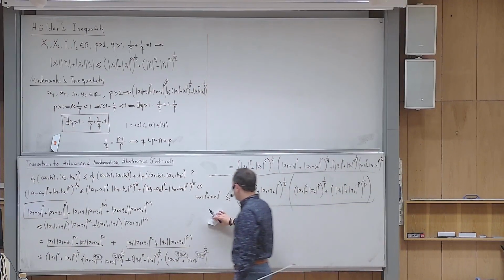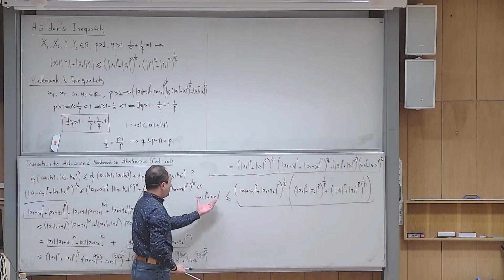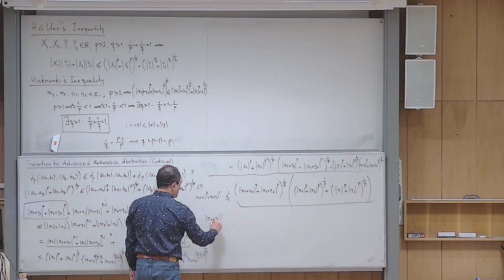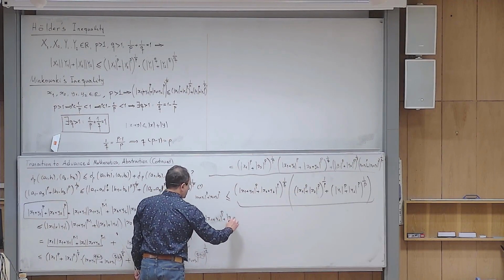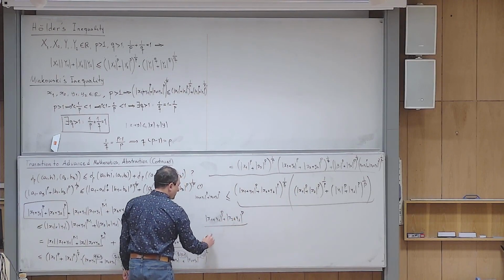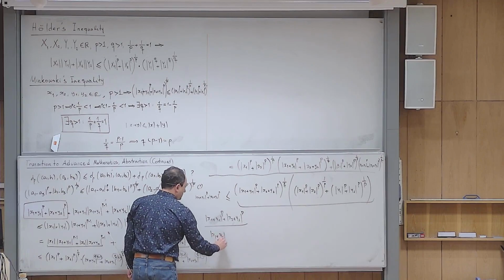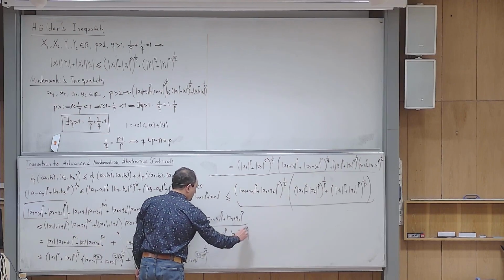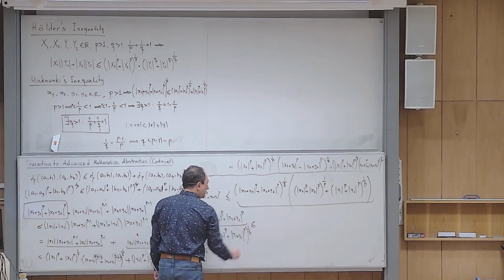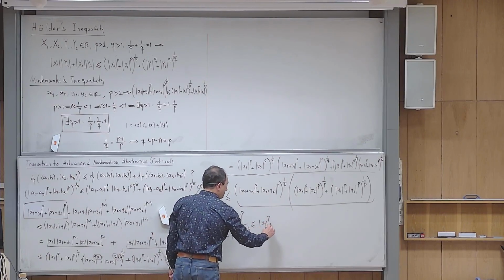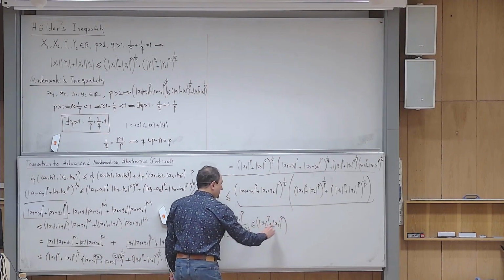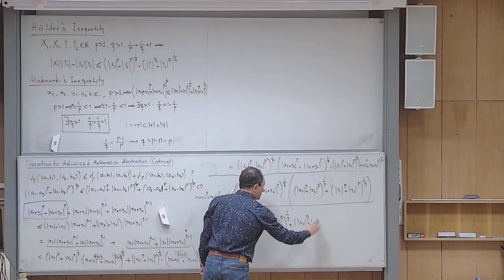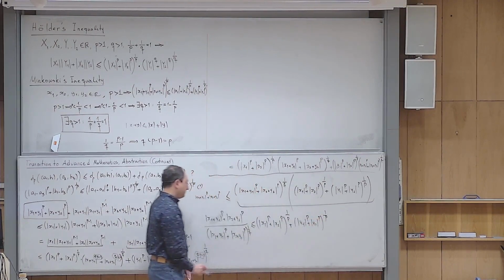So this is a very simple step to take. I divide that by that expression. So what happens? Let me write it once. It becomes absolute value of x1 plus y1 to the power of p plus absolute value of x2 plus y2 to the power of p, and then to the power of 1 over q, is less than or equal to absolute value of x1 to the power p plus x2 to the power p, and then to the power of 1 over p, plus y1 to the power of p plus y2 to the power of p, to the power of 1 over p.